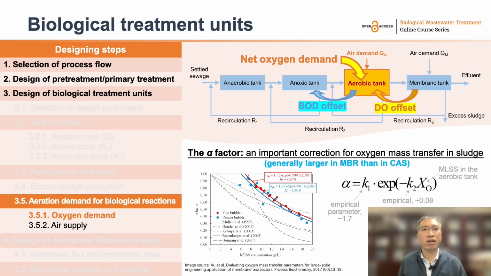The higher the MLSS, the lower the alpha factor, which means that the suspended solids can restrict the oxygen transfer for biological reactions. It has been reported that the value of the alpha factor in full-scale MBRs is generally higher than that in CAS processes at the same MLSS concentration.